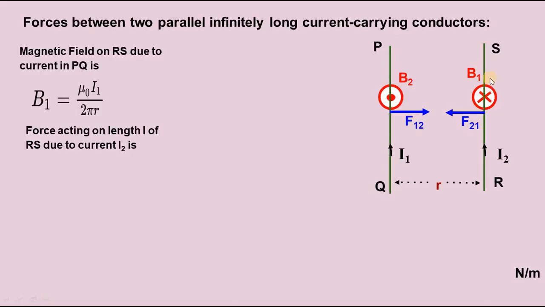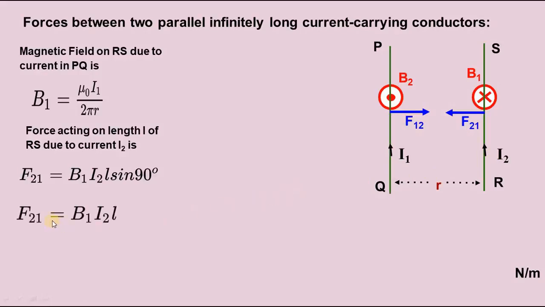The force acting on RS is given by F21 equal to B1 I2 L sin 90. Here the angle becomes 90 because the magnetic field and the direction of current are perpendicular to each other.